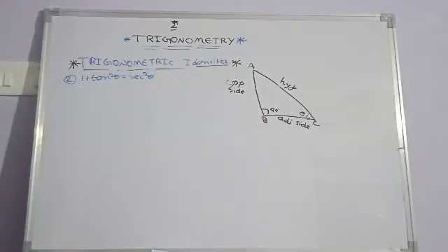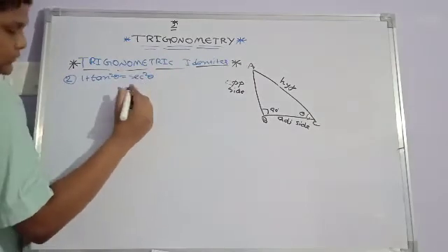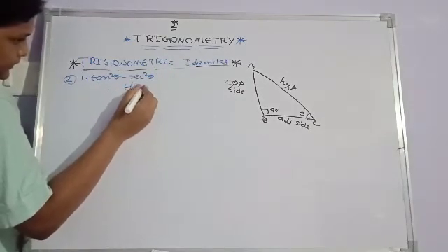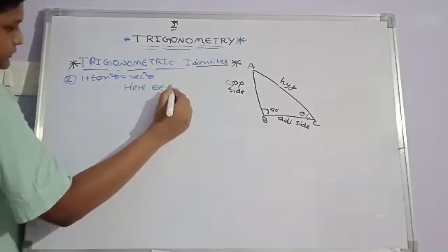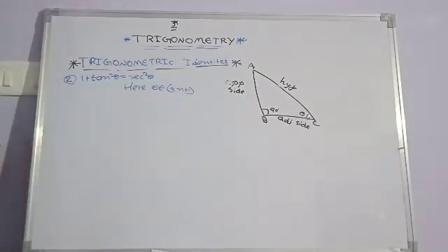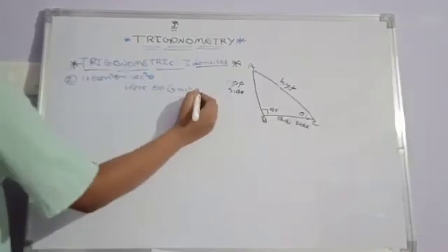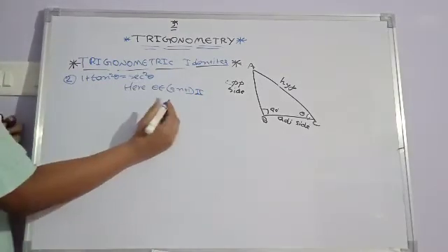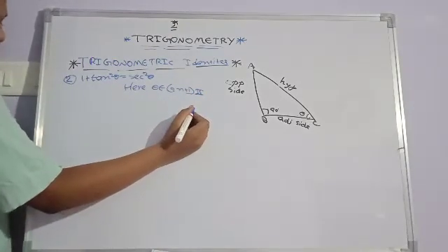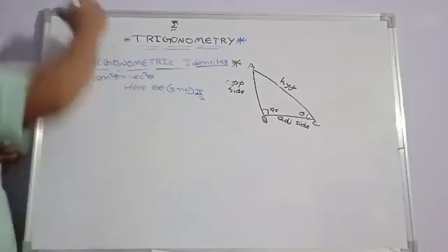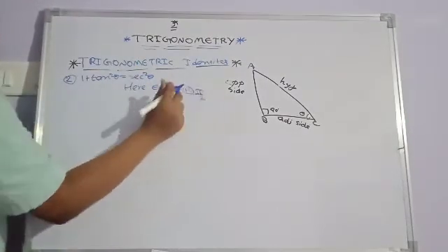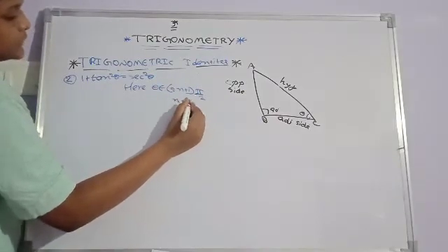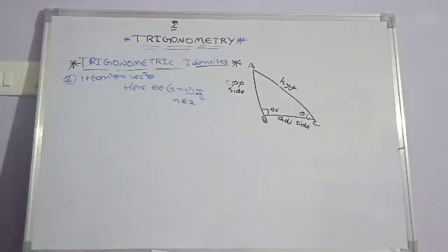Here theta belongs to (2n plus 1) into pi by 2, where n is a constant, so n belongs to integers.